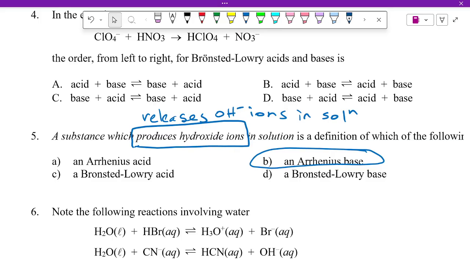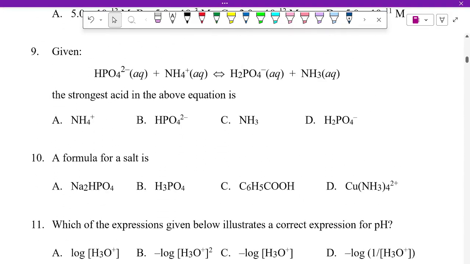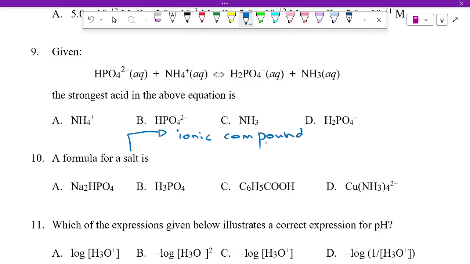Number 10. The formula for a salt is simply an ionic compound. What do all ionic compounds start with? A metal.